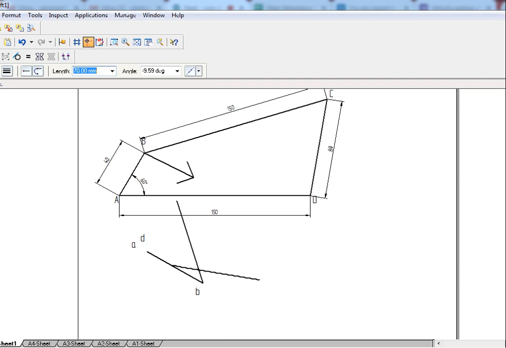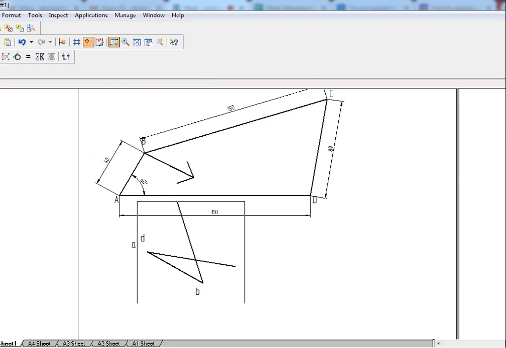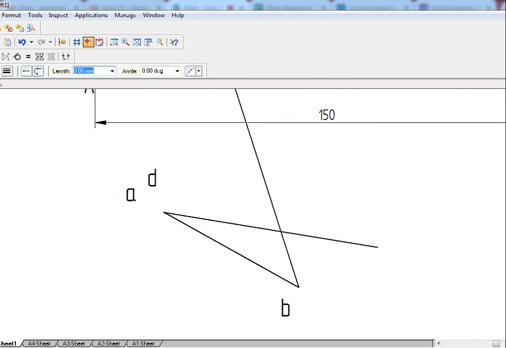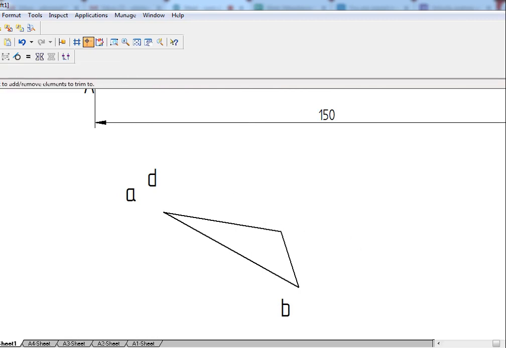In your sheet you have to take the same perpendicular from point D. Now this intersection, I will zoom in, will be your point C. I will trim these extra lines. So whatever I got will be my point C.